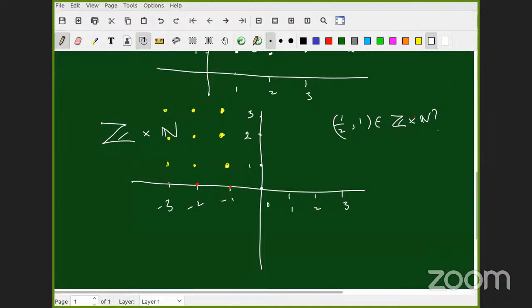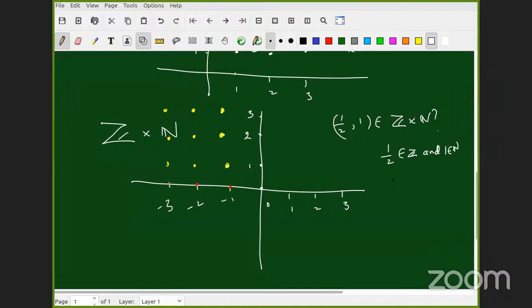For these questions, you should respond very quickly, and we want all your participation. Just think about the meaning. If 1/2, 1 belongs to Z cross N, then what happens? 1/2 belongs to Z and 1 belongs to N.